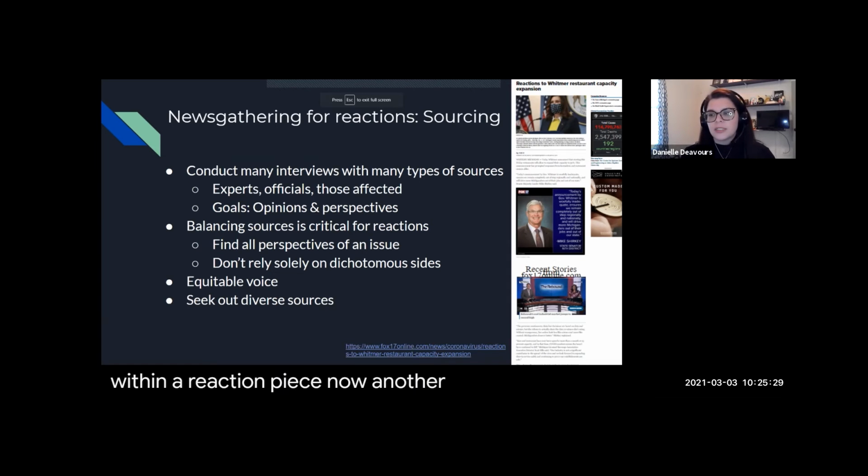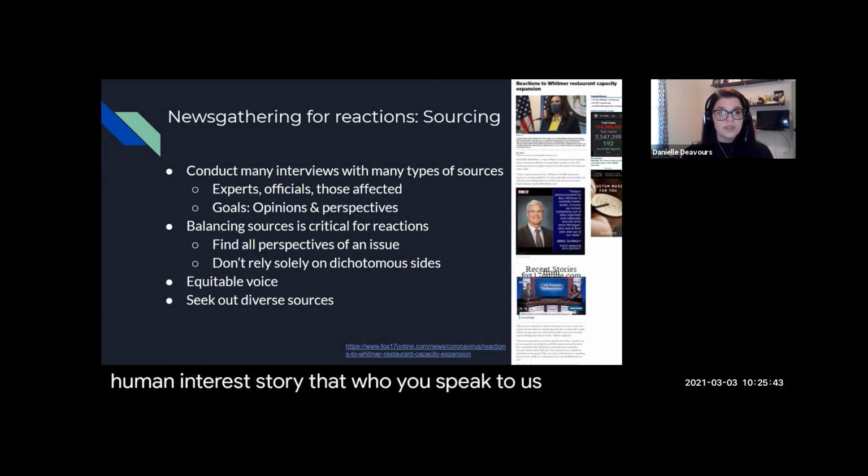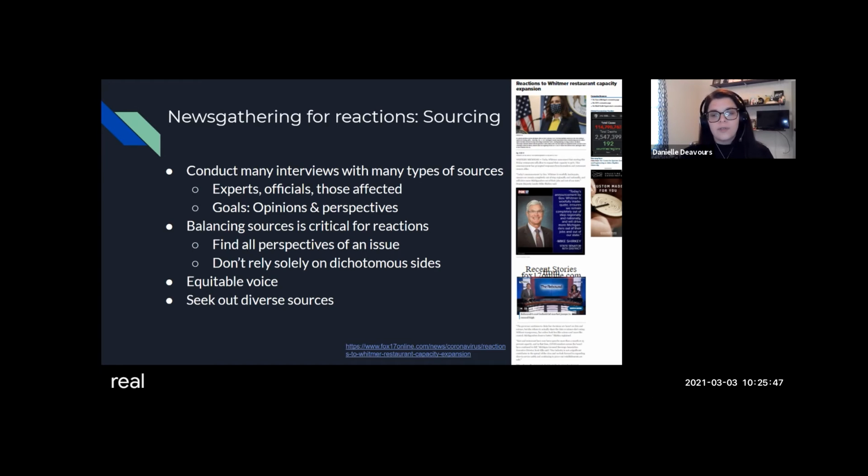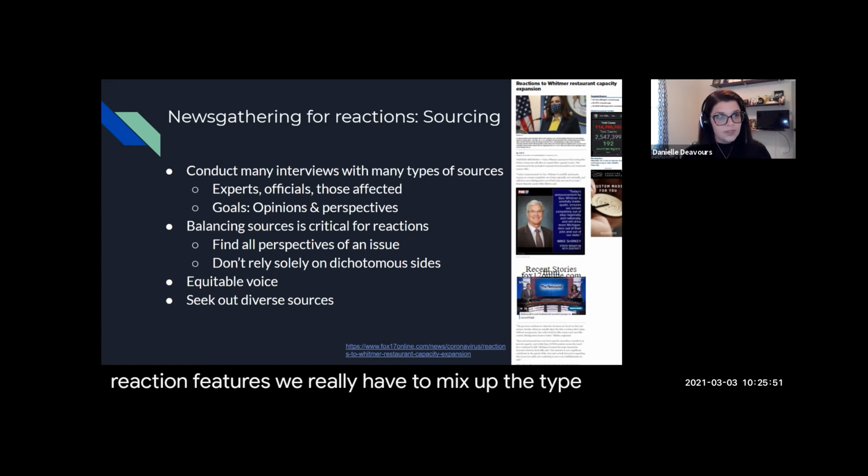Now, another aspect to consider in terms of news gathering for reaction features is your sourcing. And of course, we've learned from our previous 3 stories, especially our human interest story, that who you speak to as a journalistic source is very important for a feature. Now, for reaction features, we really have to mix up the types of interviews that we get.